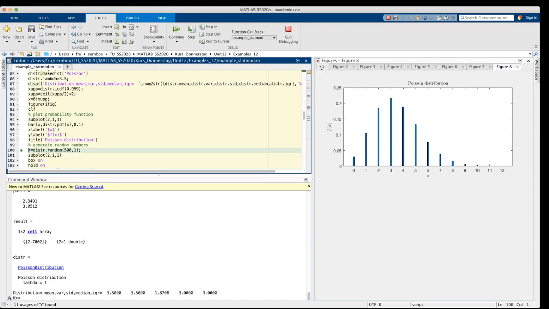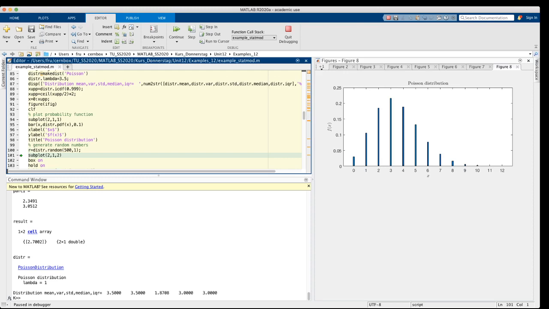This is also called the mode of the distribution. The mean value is 3.5, and the variance is also 3.5. I do not show the CDF and the quantile function. They are not that interesting for discrete or counting distributions.